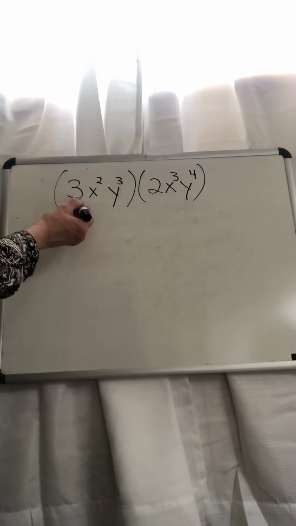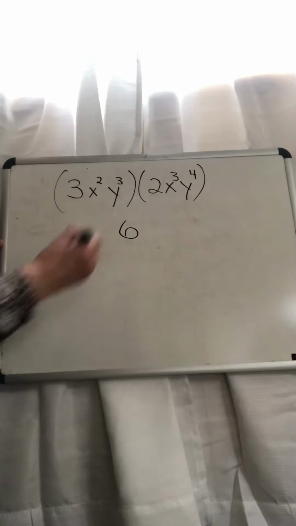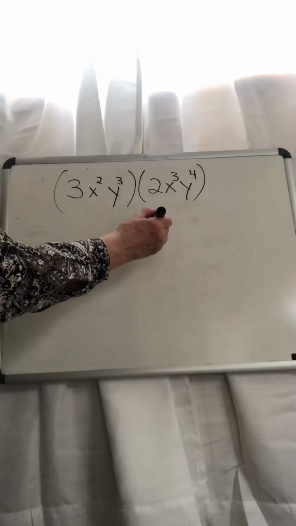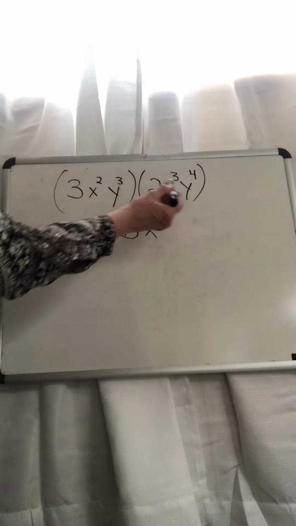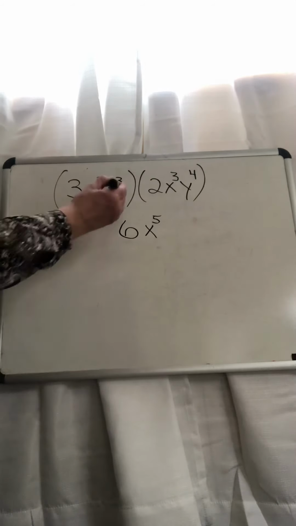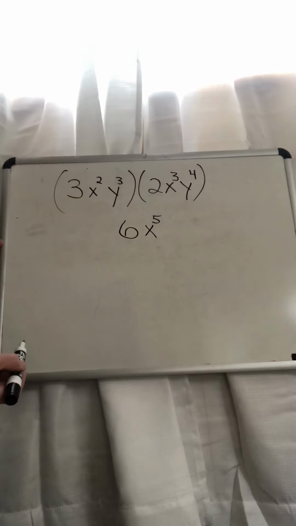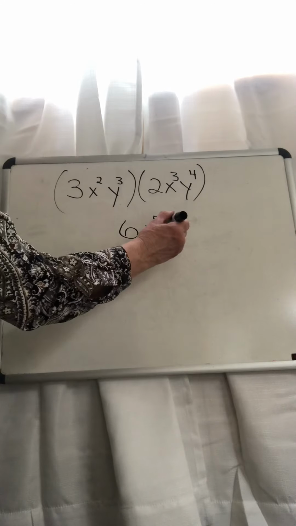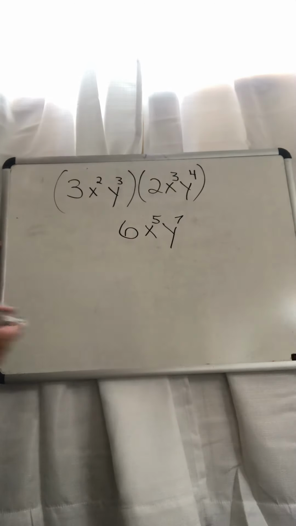So these are positive. So it would just be a +3 times a +2, which gives me a 6. X squared times x cubed. We add those exponents. 3 plus 2 is 5. Y cubed times y to the 4th. Again, we add our exponents. 3 plus 4 is 7. And that would be our final answer. 6, x to the 5th, y to the 7th.